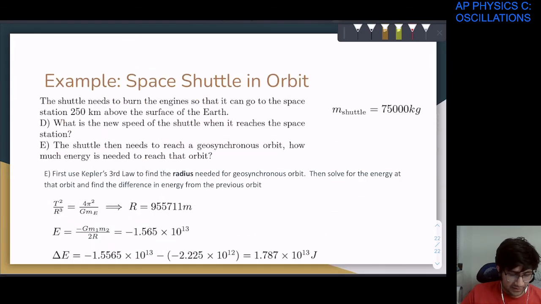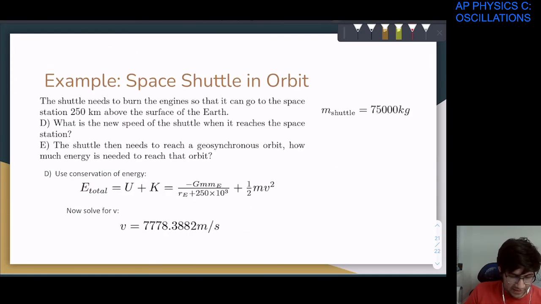Now part E, the shuttle then needs to reach a geosynchronous orbit. So how much energy is needed to reach that orbit? Remember, geosynchronous means that the time it takes to make one orbit is equal to one Earth day, where it's orbiting in sync with the Earth.